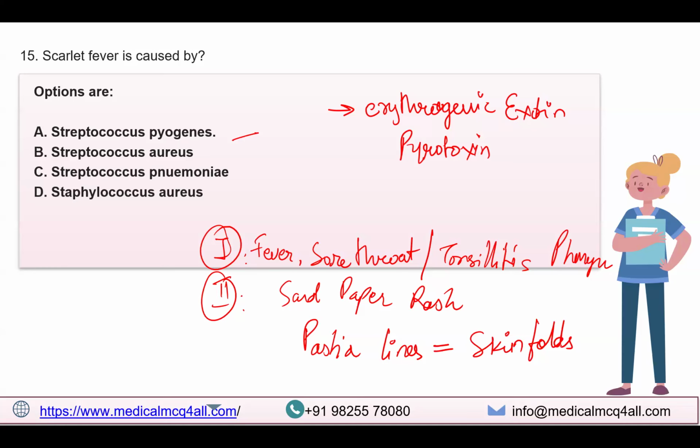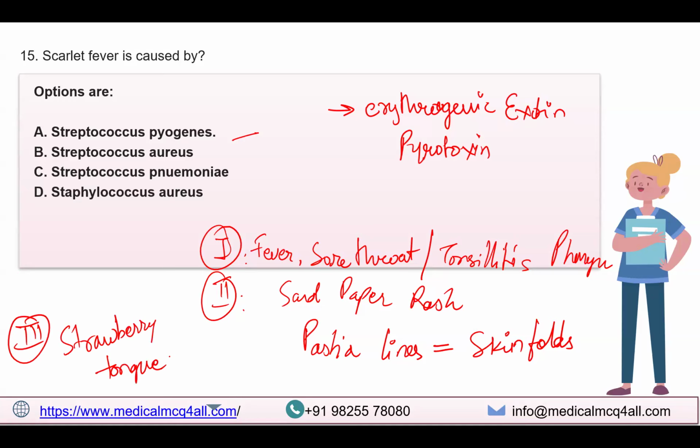Yes, so something between the skin folds. The sandpaper rash gets accentuated between your skin folds, and we call it Pastia lines. Also, the third stage has your tongue findings. That is your strawberry tongue, which is a classical feature of scarlet fever.